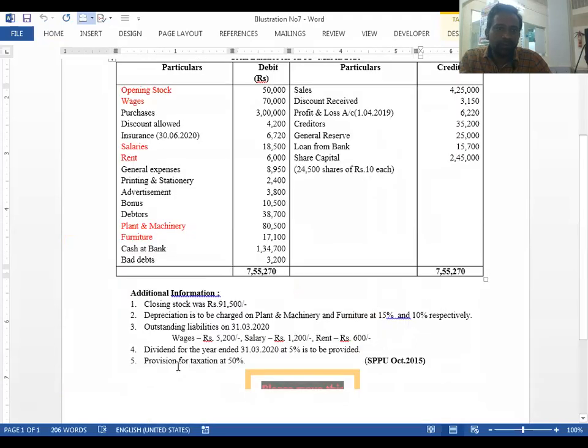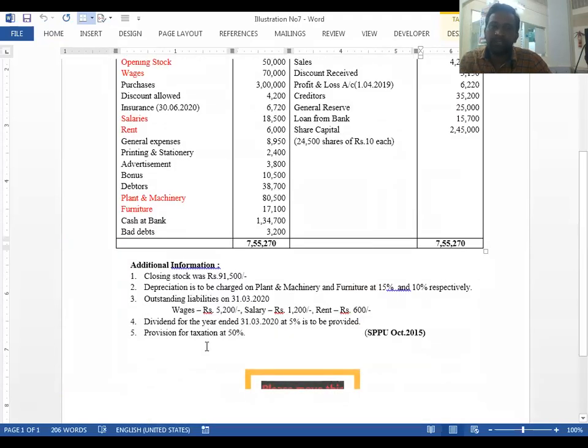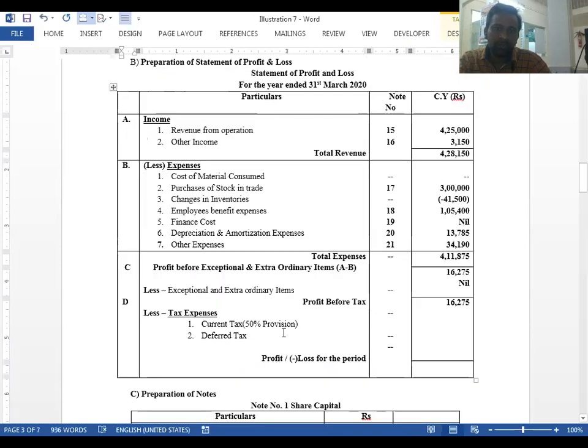See the adjustment: provision for taxation at 50%. 50% means 50% of profit before tax. If your profit amount is 10,000, then 50% means 5,000. 5,000 is the provision for taxation, and the rest of the amount is considered profit after tax. Here in this problem, our profit figure is 16,275.